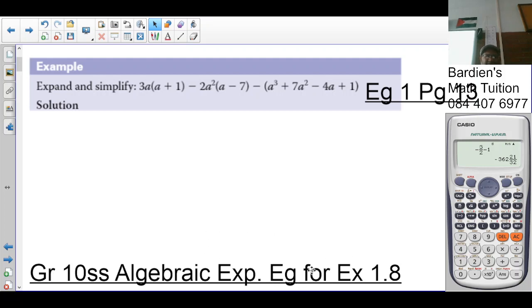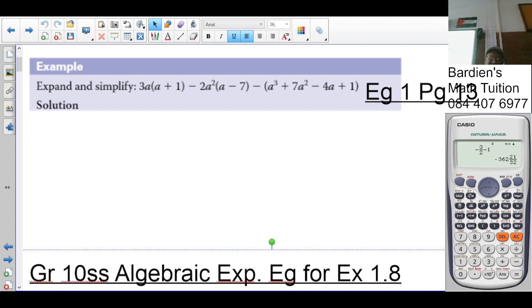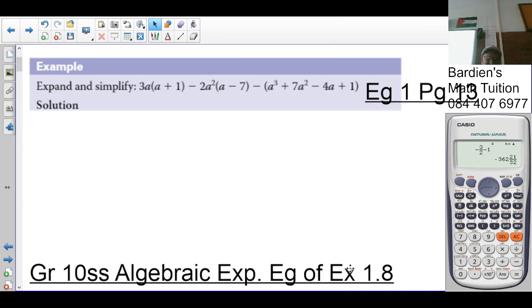Should I say examples of exercise 1.8 or is it examples for exercise 1.8? Of. What's the difference? You don't know? Does it sound right? You ask your English teacher.